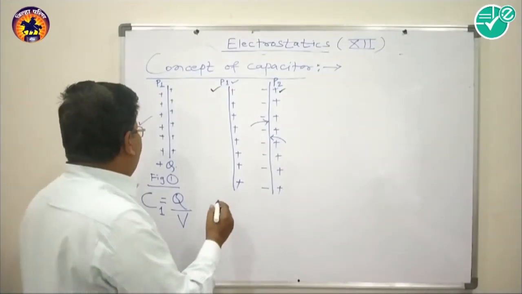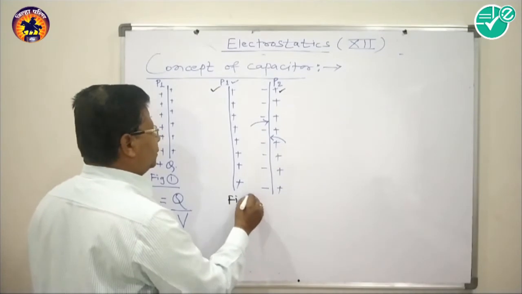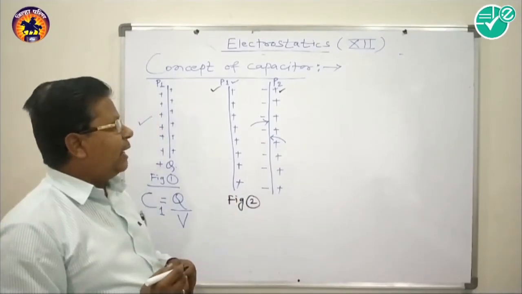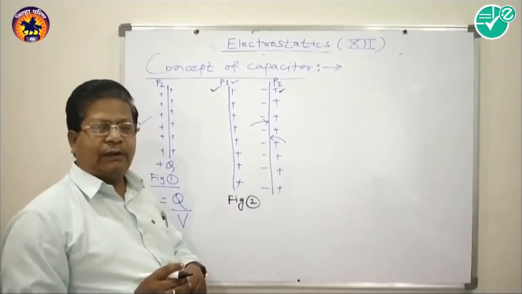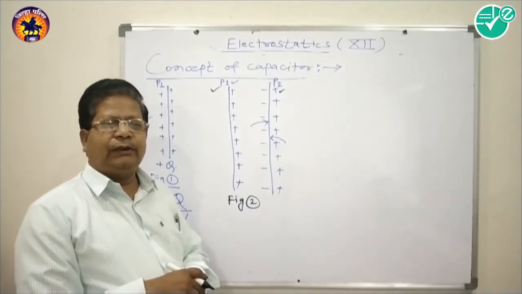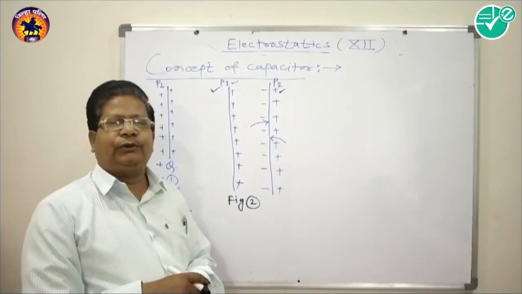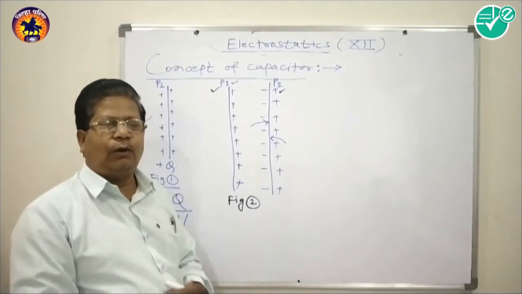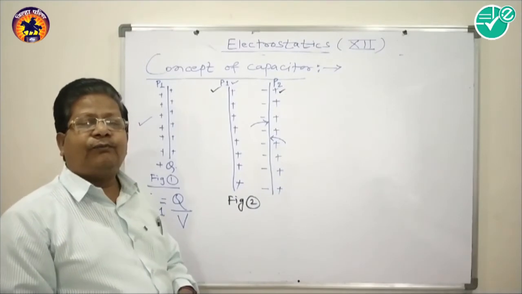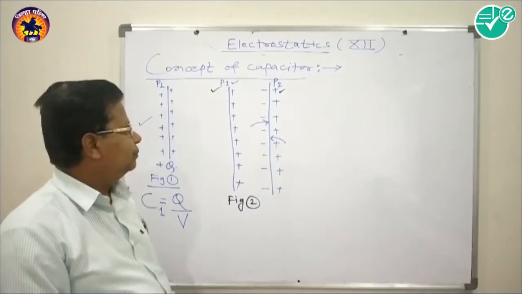In this case, figure number 2, we have seen that due to the induction process, negative charges are induced on the inner surface of the plate P2, and equal amounts of positive charges are induced on the outer surface of plate P2.